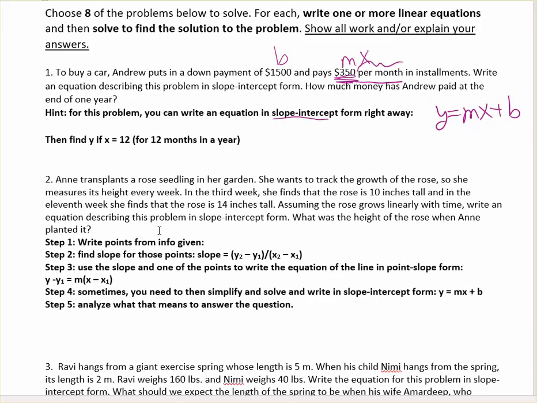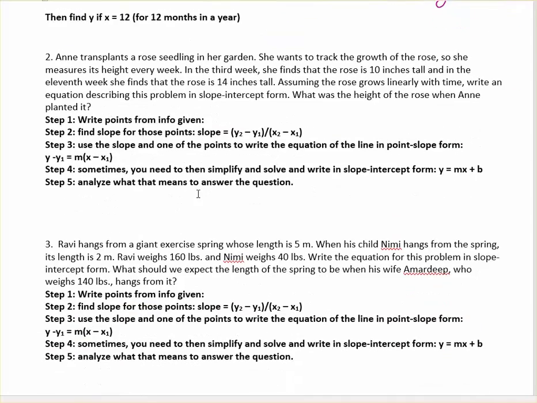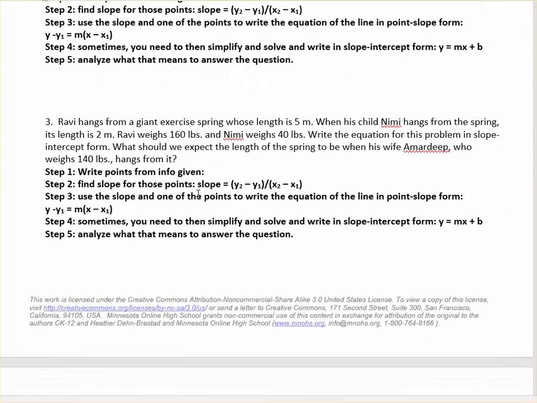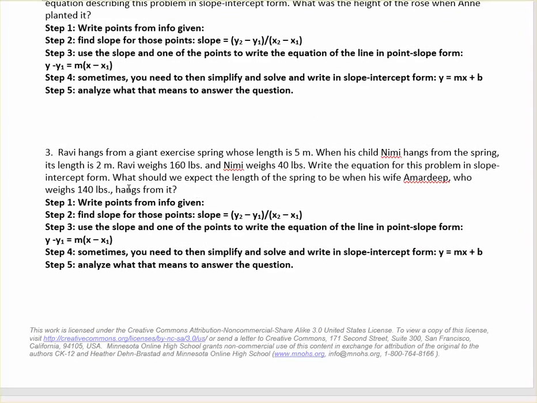Number 2 is very much like the example I just did, with some different values for this plant that Anne transplanted. Number 3 is very much like the example and like number 2, except that you're dealing with something different. So in this case, it says Ravi hangs from a giant exercise spring whose length is 5 meters. When his child Nimi hangs from the spring, its length is 2 meters. And then they give you some weights. Ravi weighs 160, Nimi weighs 40.